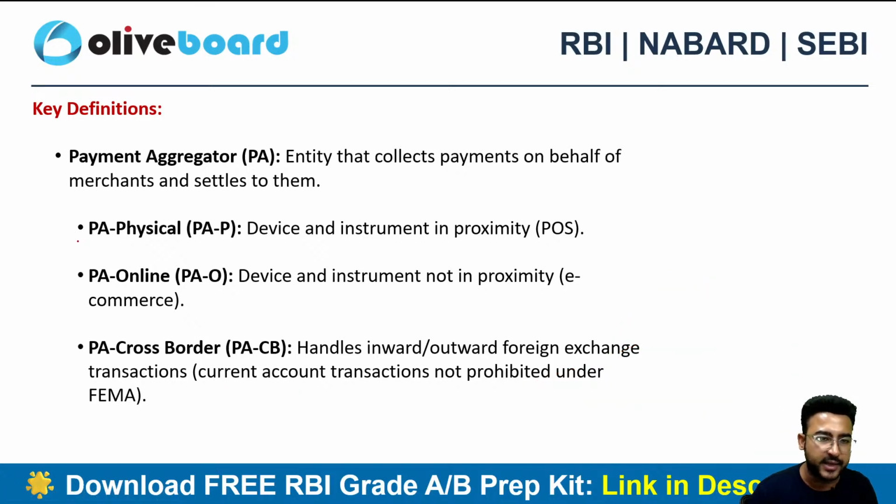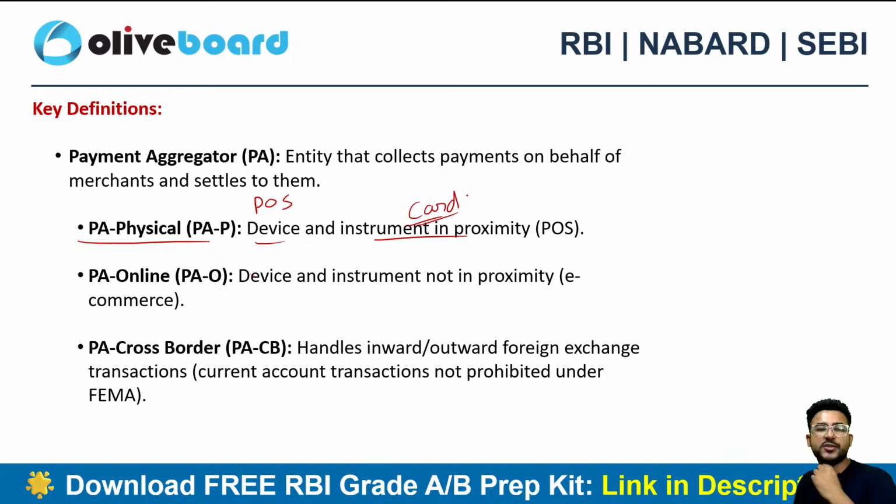Like we have payment aggregator physical. That means the device and the instrument are in proximity. That means the POS device and the card, let's suppose your debit card or credit card, are in close proximity. That's the case of payment aggregator physical. Then we have payment aggregator online, where the device and the instrument are not in close proximity.